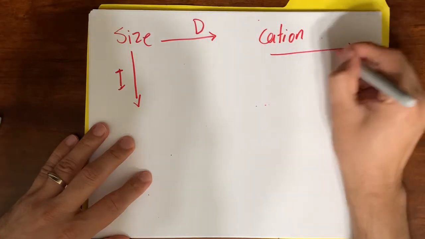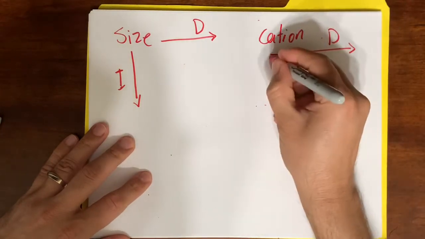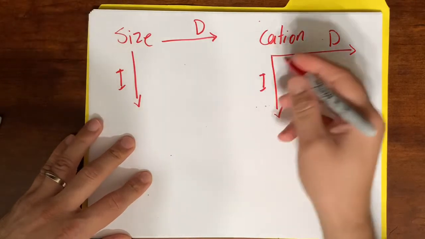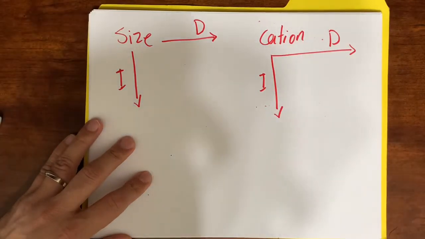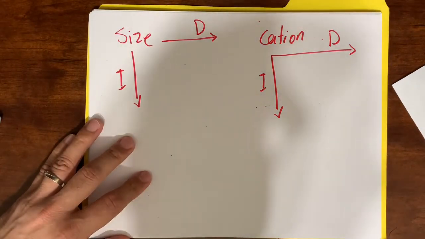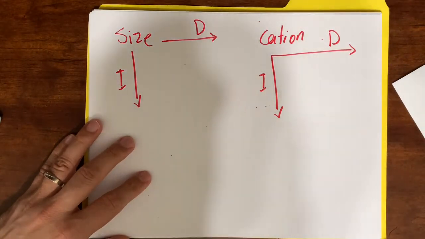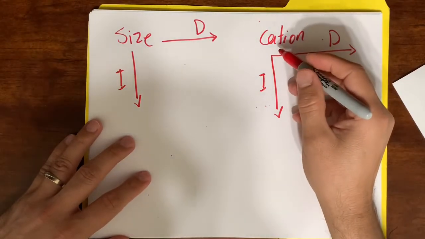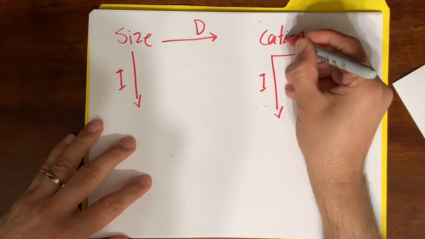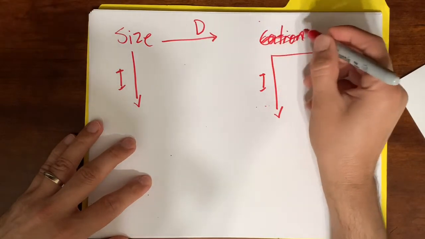To the right side of the periodic table, it decreases; down, it increases. How about 9? It will be the same. Okay, so for 9, it will be the same. So I should say either 9 or cation. The best thing is to say here, let's call it ionic.